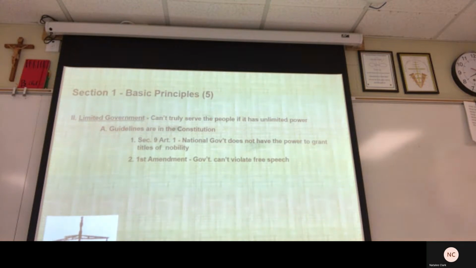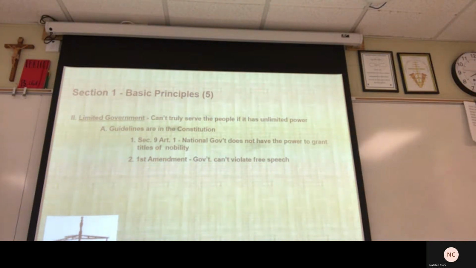There's all kinds of stuff in here. Pass a head tax unless it is proportional to the census. That's population. Lay a tax or duty on exports from any state. Make laws concerning trade in favor of one state over another, so they can't favor one state over another. Spend government money without the consent of Congress.